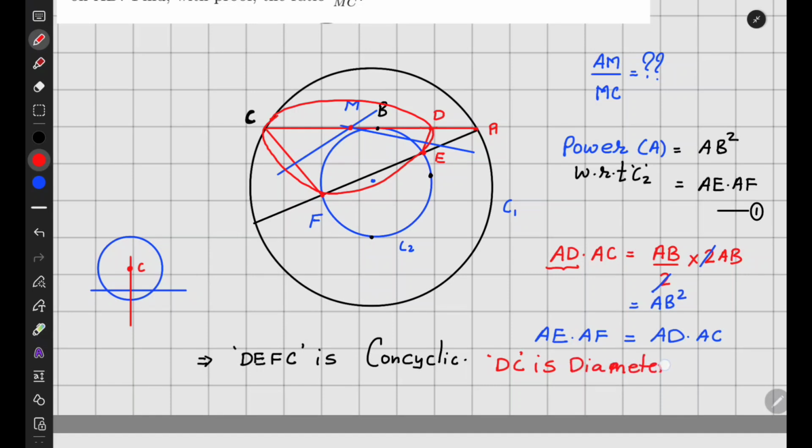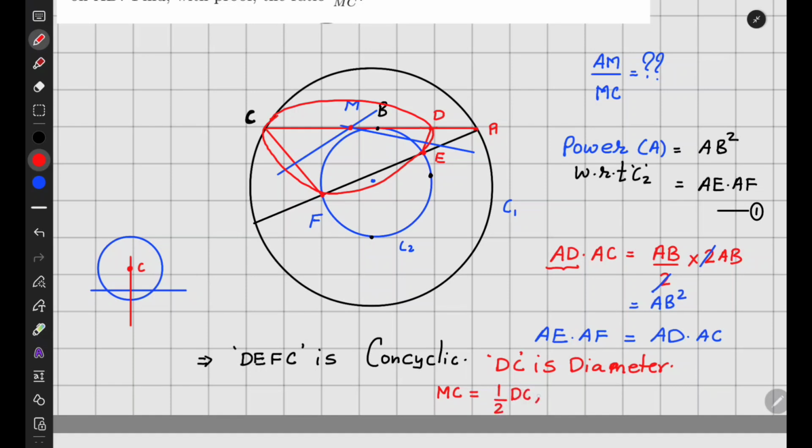So if DC is the diameter, M will be the midpoint of DC. Now MC is equal to half DC.